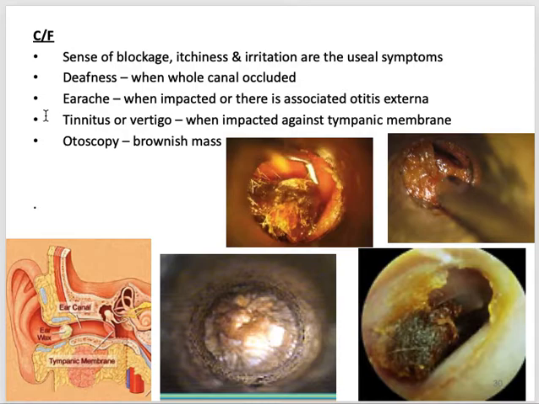And sometimes there is cough. Why? Because the vagus nerve gives the auricular branch of the vagus nerve, which is innervating this area. Whenever it is irritated, it can initiate the cough. And whenever the cough is long standing, it can ulcerate the skin as well.